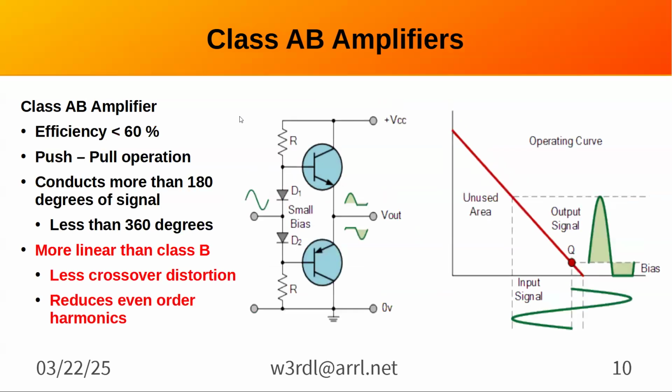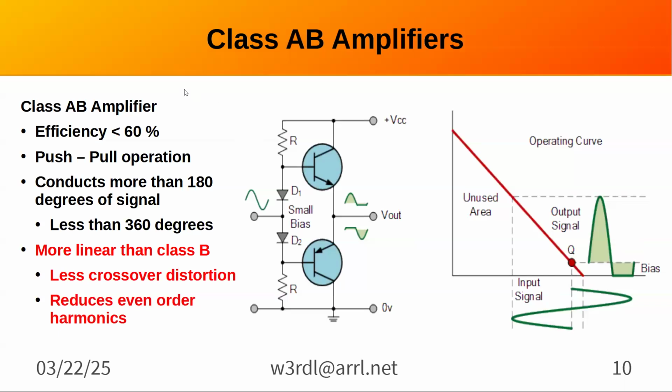Do you think that would be about as efficient as you could get? But you've got the crossover distortion, which you don't have in a Class A. Have we talked about that crossover distortion? Well, yeah, I just talked about it.